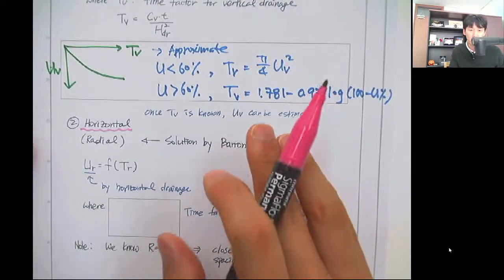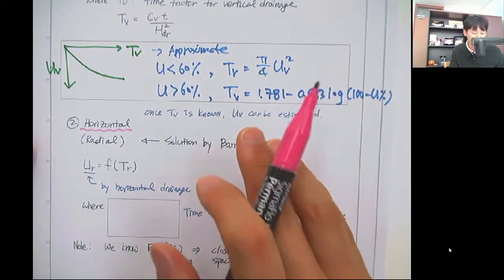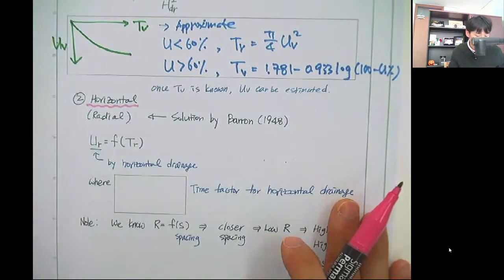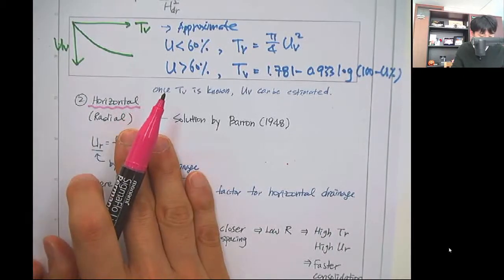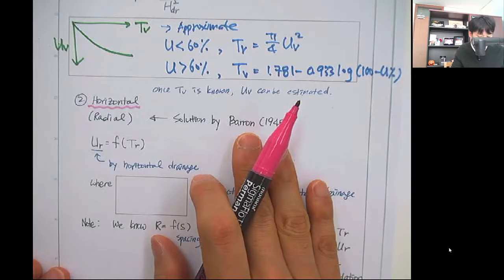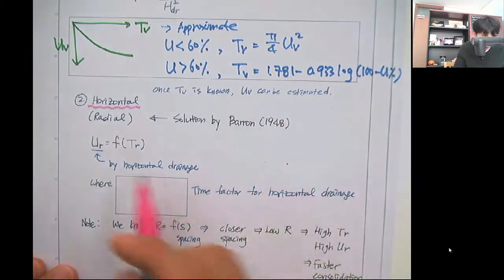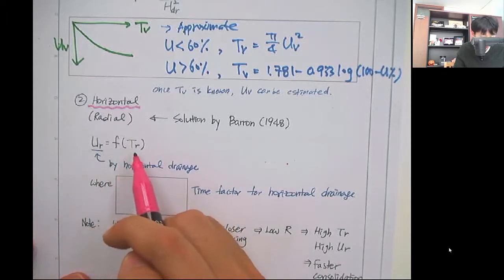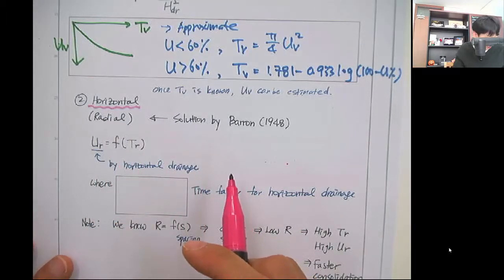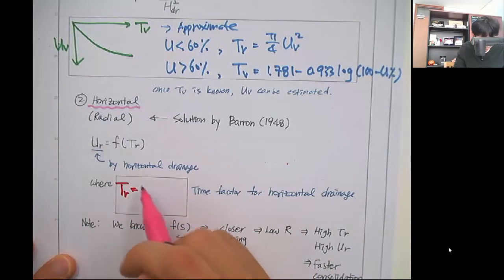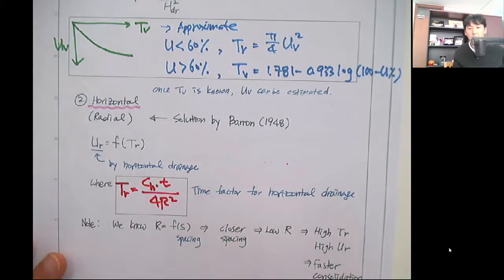But that's only for the vertical component. We have to consider the degree of consolidation completed by radial flow, also accelerated by the horizontal drainage. So the second is the radial drainage part, and the solution was derived by Barron in 1948. And here UR is also a function of TR, the time factor in the radial direction. TR is CH times T over 4R squared.